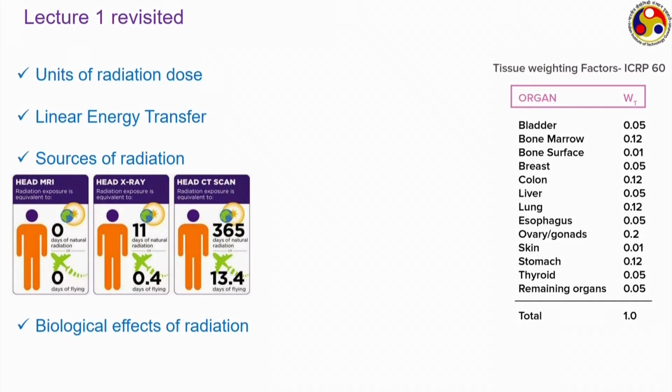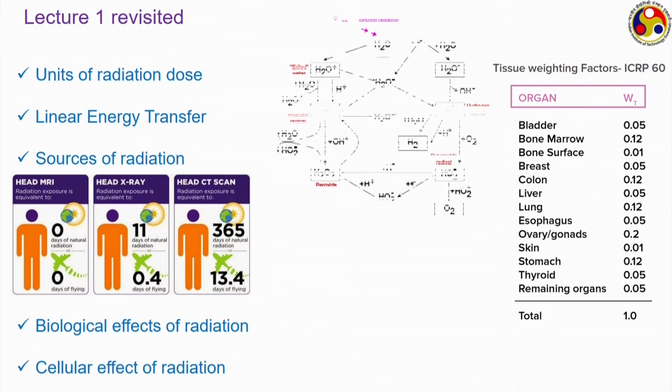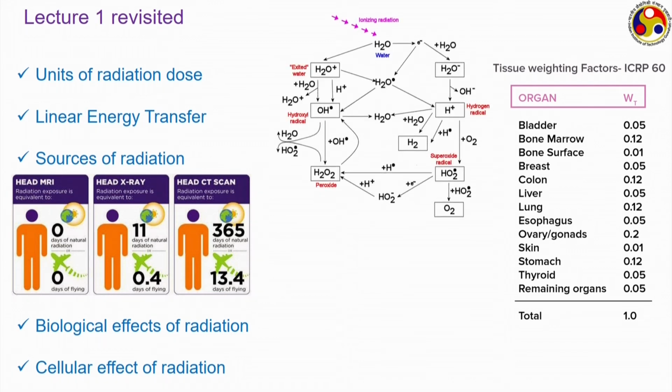Then we have discussed the biological effects of radiation and the cellular effect of radiation. We have seen the cellular effect of radiation can be of two types primarily. One is the indirect effect, which leads to radical formation, as our cell primarily comprises cytoplasm and water is the main component of cytoplasm.